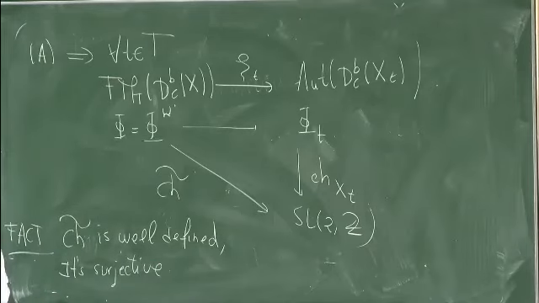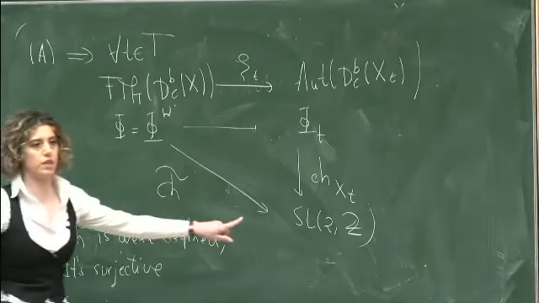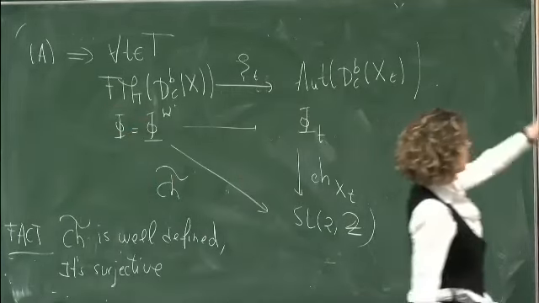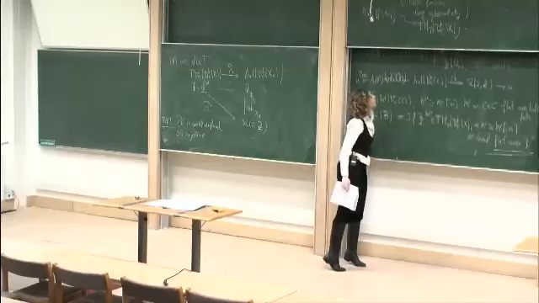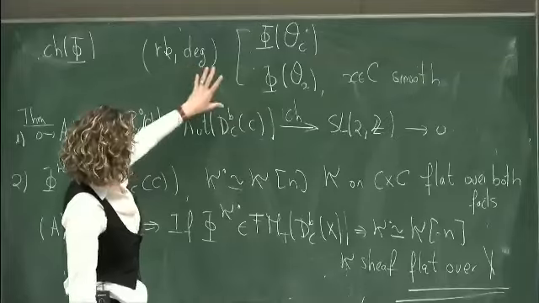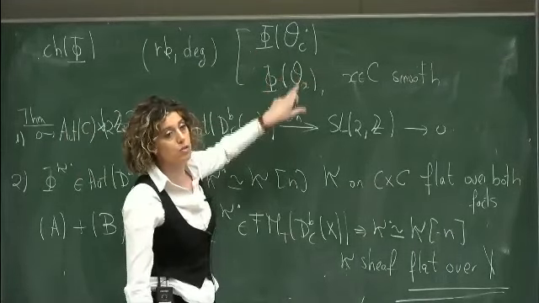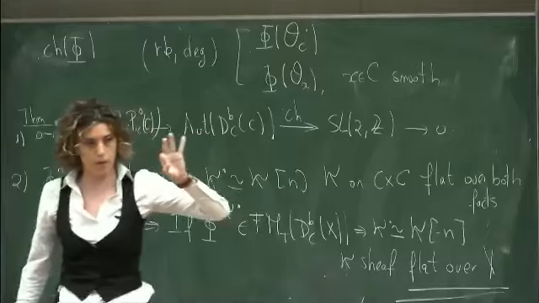Okay, I don't have time to explain how we prove it, but I mean, it's well defined, it doesn't depend on the T, okay? And this is because of that. So we know that in order to determine the matrix in the fiber, you need to apply the functor to the structure sheaf of the fiber and to the structure sheaf of any smooth point.